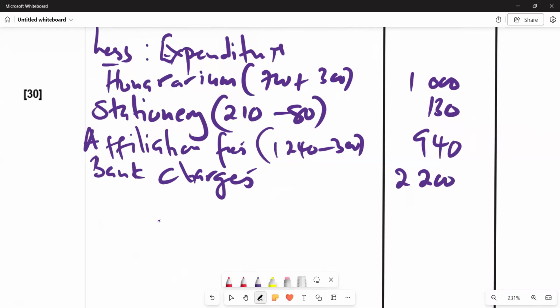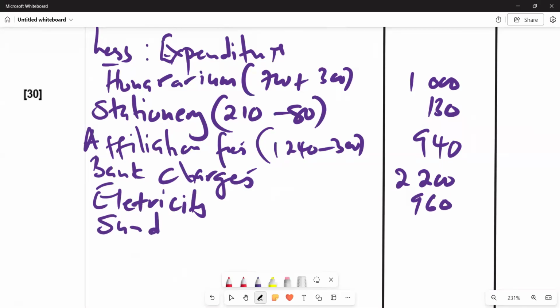And then we have electricity, and the amount that we have is 960. And then we have sundry expenses, and the amount is 125. So this is what we have.